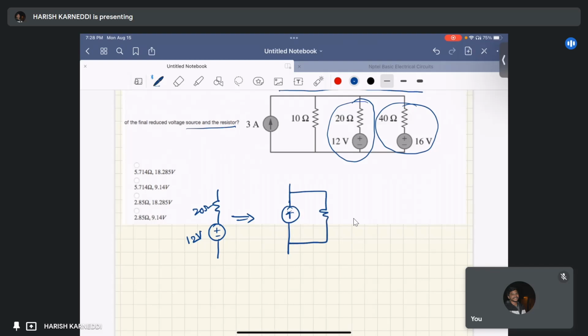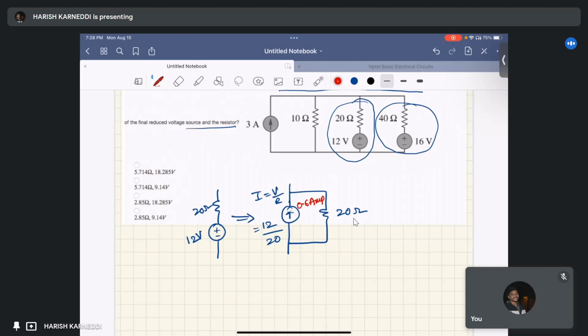The resistance remains the same, that is 20 ohm. The current source I equals V by R, V equal to 12 volts by resistance equal to 20 ohm. 12 by 20 is 0.6 amperes.